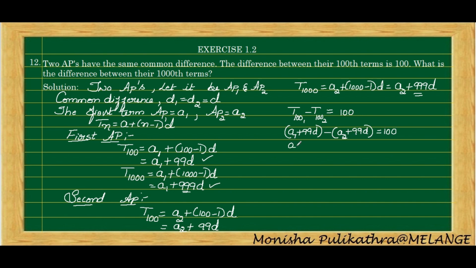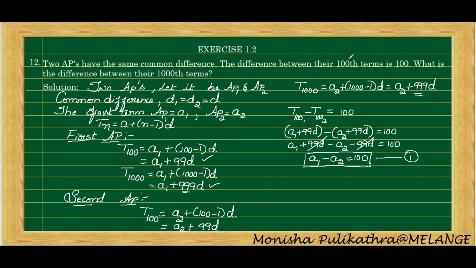So take the terms out of the bracket, it will become minus A2 and minus 99D, equal to 100. Here plus 99D and minus 99D cancel each other. So the remaining will be A1 minus A2 is equal to 100. Okay, so this is the equation we obtained by subtracting the 100th terms of the two APs. Let it be equation number 1.